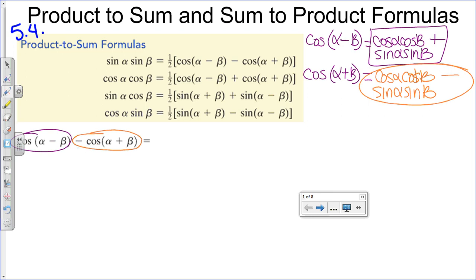I would like you to try to do it on your own. That is part of that activity I was telling you about. You're going to use what I gave you and derive the formula.